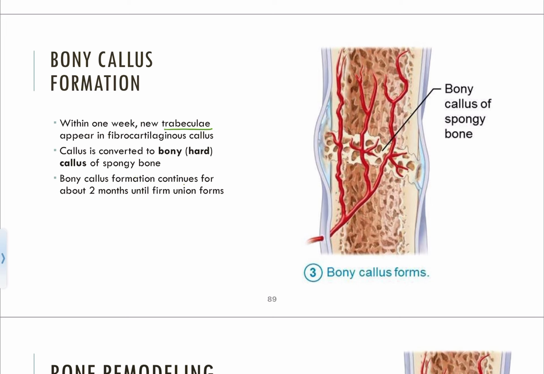This bony callus formation continues for about 2 months until we have complete connection between our two end bones. So basically the same steps as endochondral ossification: we lay down some cartilage and build bone from that in order to completely fix it.